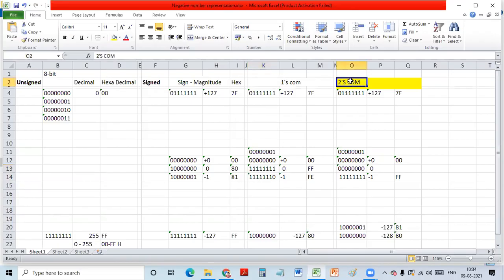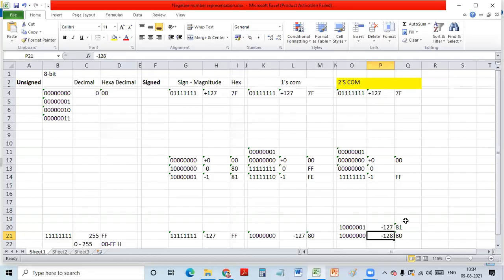And finally there is 2's complement, where all the disadvantages are eliminated. Whether plus 0 or minus 0, it is just 0, which has a unique representation: 8 zeros. When we talk about 8-bit width, the maximum and minimum range we can represent is plus 127 in the positive range and minus 128 in the negative range, with corresponding numbers in hexadecimal like this.